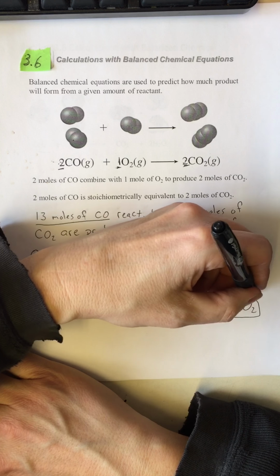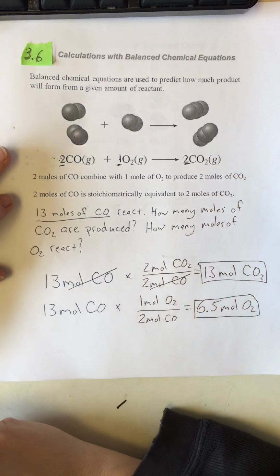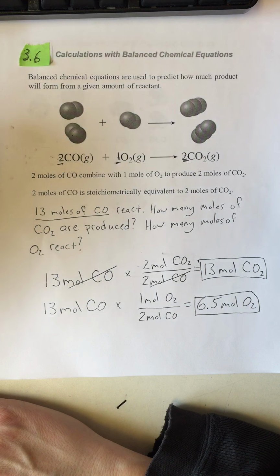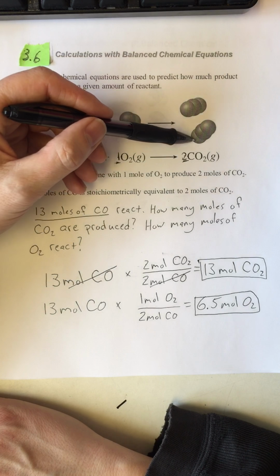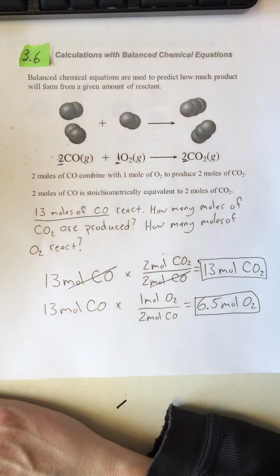Okay, it's as simple as that. We're using these coefficients. They're often referred to as stoichiometric coefficients, but it's perfectly fine just to call them coefficients. We're using those to determine how much of one substance is related to another substance by using these ratios.